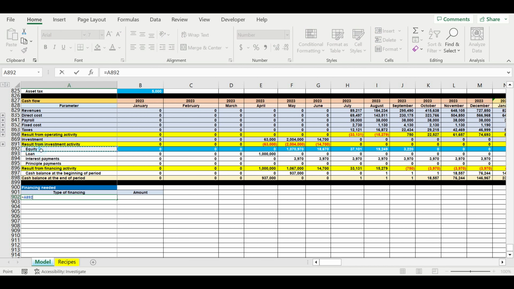So this will be equity, loan, and this will be total financing needed.